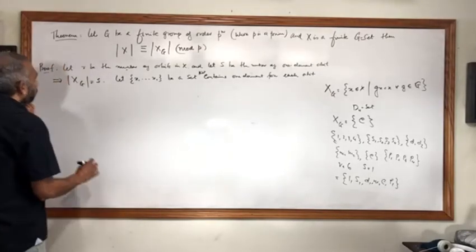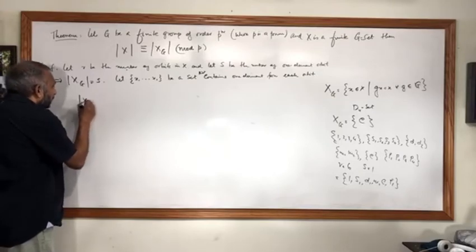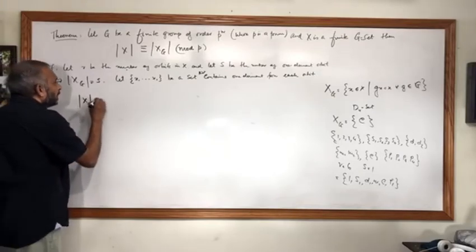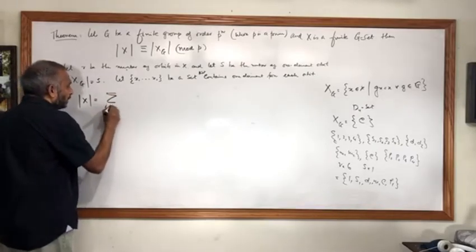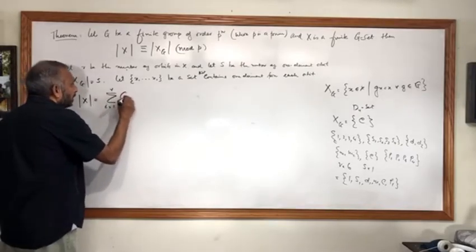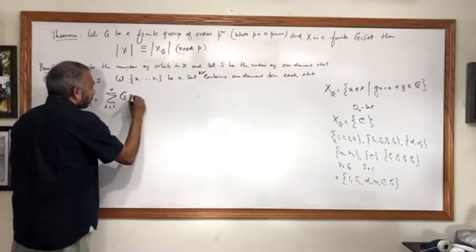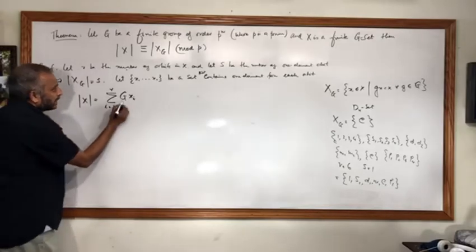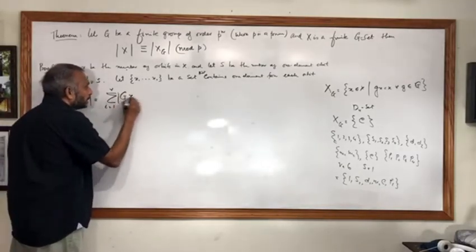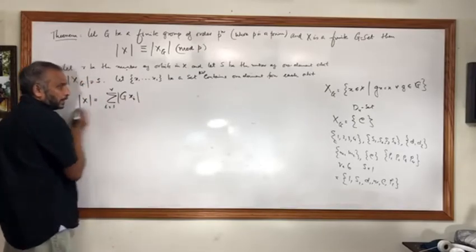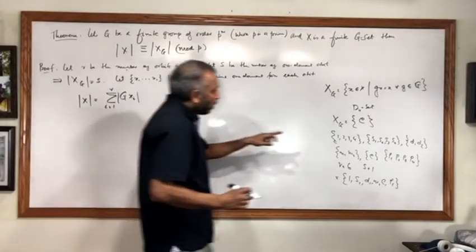So X is equal to the sum over i equals 1 to r of |Gxi|. Gxi is the orbit that contains xi. And these orbits are all disjoint.